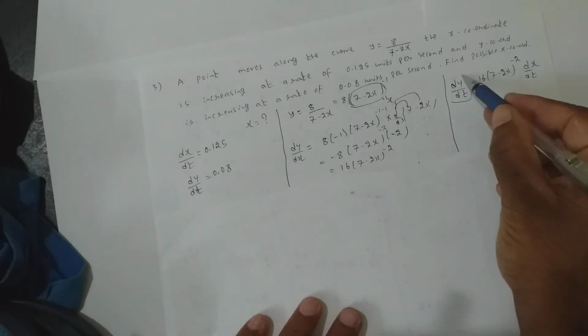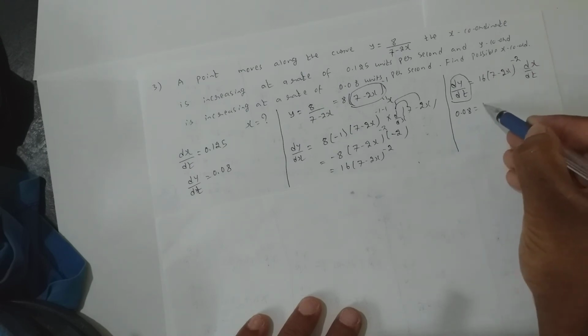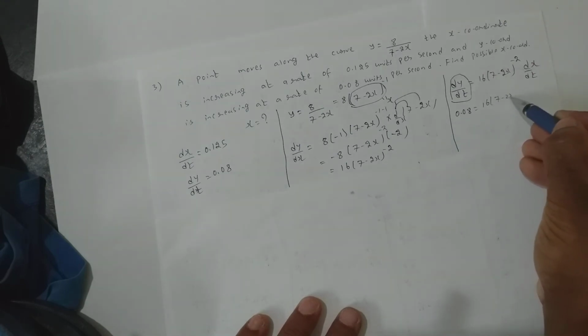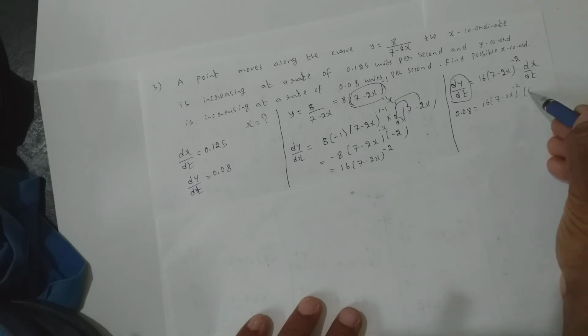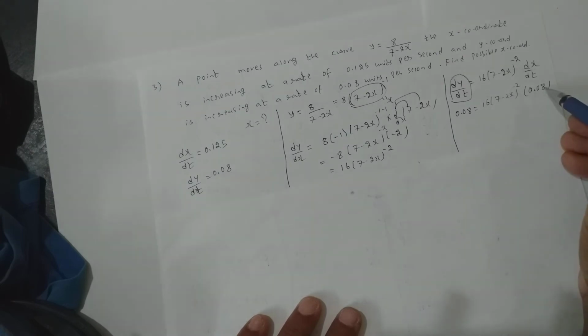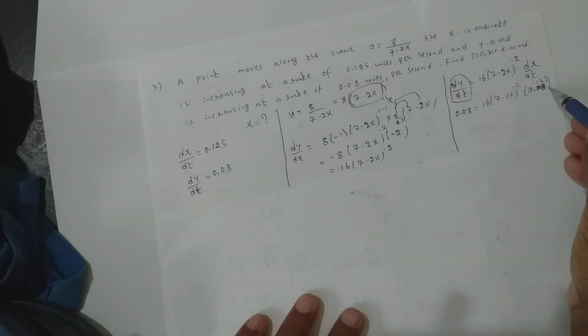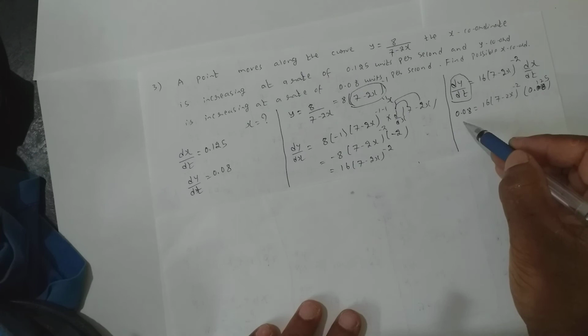Am I clear so far? Yeah, now the x value I need to find. dy by dt, how much is it given? 0.08 equals 16 into (7 minus 2x) power minus 2 into dx by dt. Sorry, dy by dt is 0.08, dx by dt is 0.125. So 16 into 0.125 and take it here.